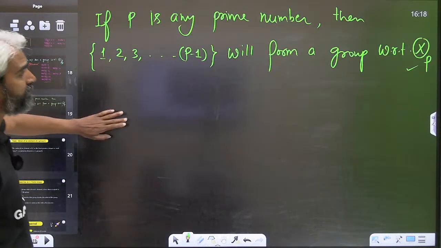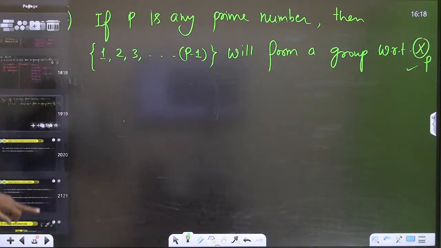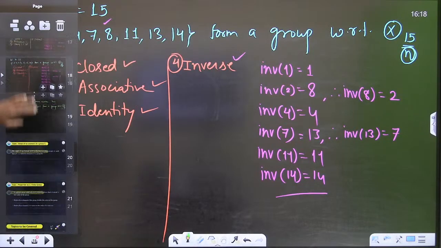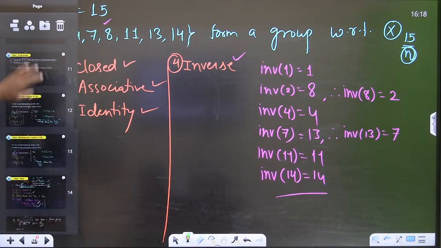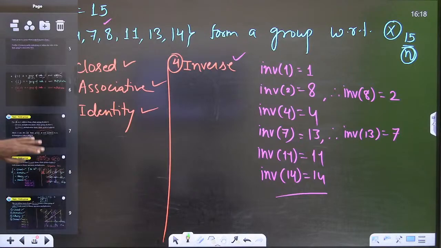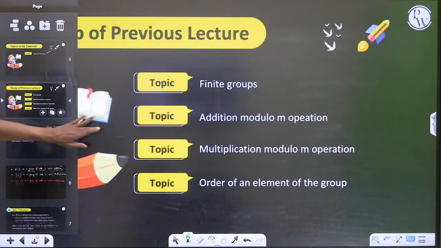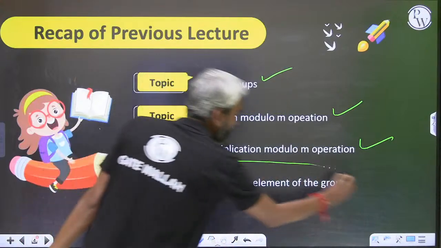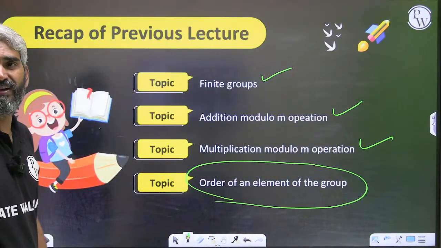Now please try to understand the next concept that we could not complete in the last class. Back to the slide. We have covered this, but we could not complete the concept related to order of an element of the group.